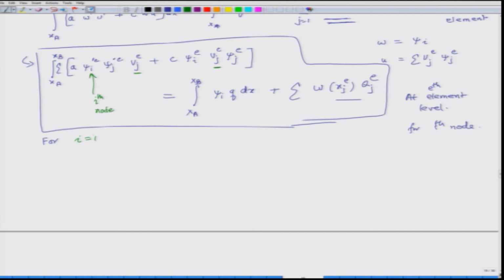For I equals 1, the equation will be the integral from x a to x b of the summation of a times psi 1 differential, for the eth element, times psi j differential, summing over j equal to 1 to 2.